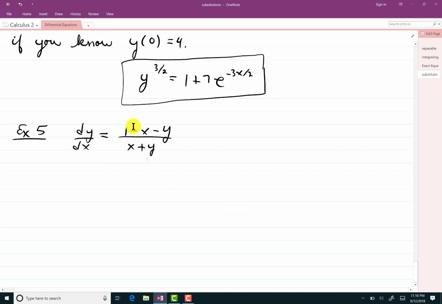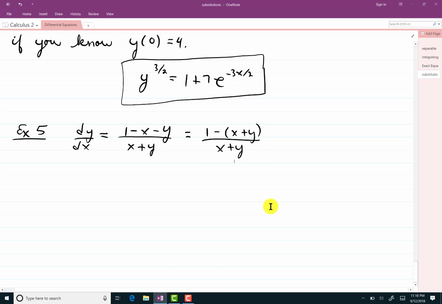What you might do with this is you might notice that this is equal to 1 minus x plus y, all over x plus y. To me, it seems evident that using a u for x plus y is the thing to do. Notice that I can't factor out an x or a y and get anything going there because that 1 is stopping me. But it wouldn't be so bad to have a 1 minus u over u.